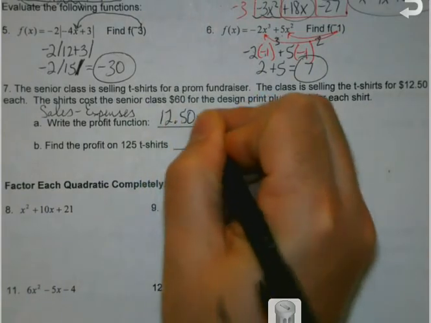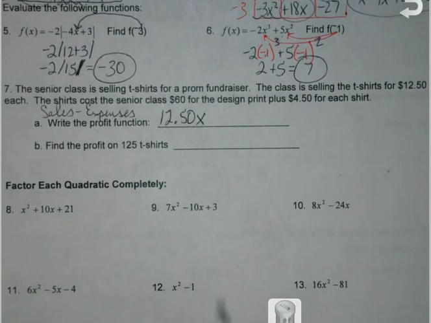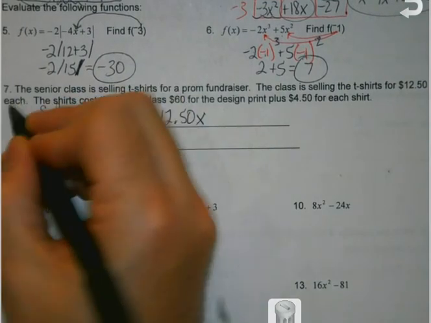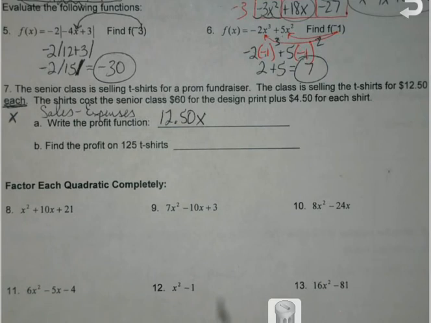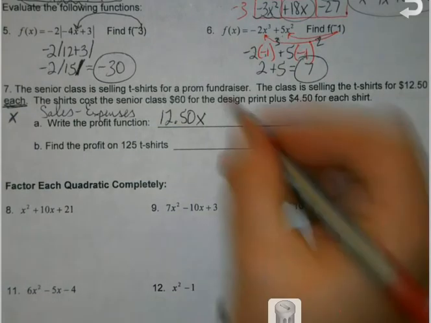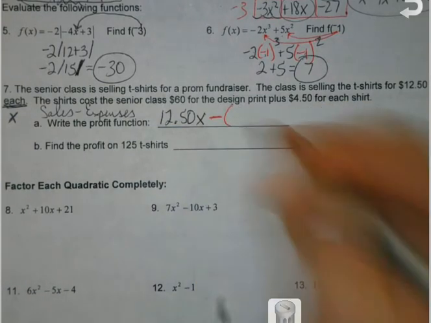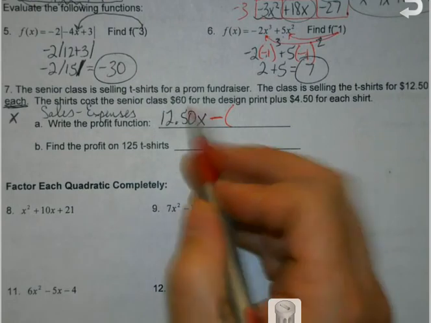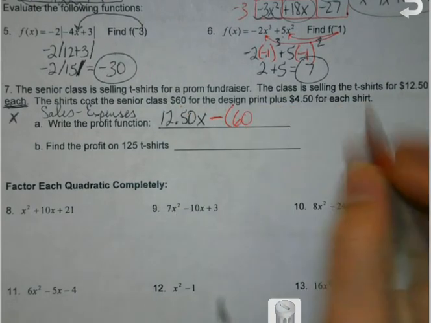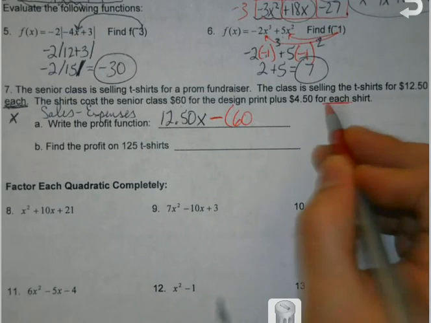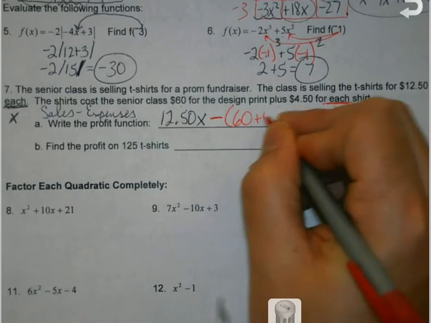When we're talking about each, we don't know how many shirts they sold. See a word like each, that basically means an X is going to go there because we'd multiply it times the number of shirts we sold. Minus our expenses. Well, it costs us $60 for the print, but that'd be the same for anything, so that doesn't get X. Plus $4.50 for each shirt.